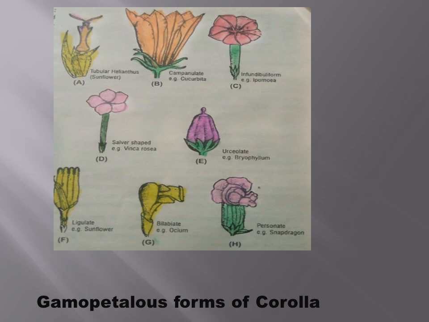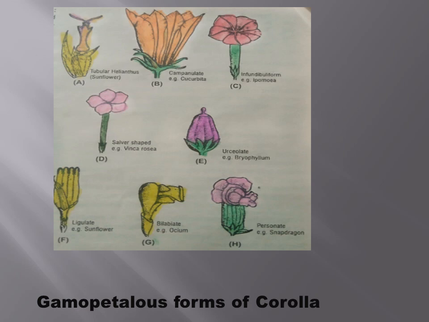And in this diagram you can see the gamopetalous forms of corolla. For example, A is the tubular form, present in Helianthus, the sunflower plant. B is the campanulate type, present in the Cucurbita family. C is the infundibuliform, present in the Ipomoea flower. D is the salver-shaped, present in Vinca rosea.